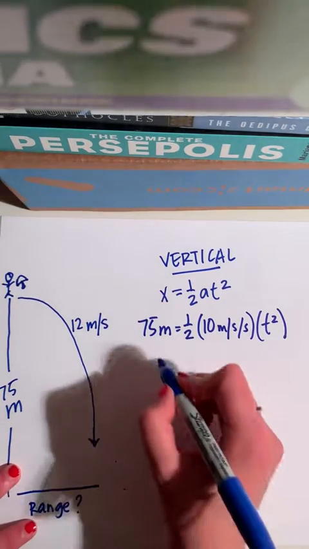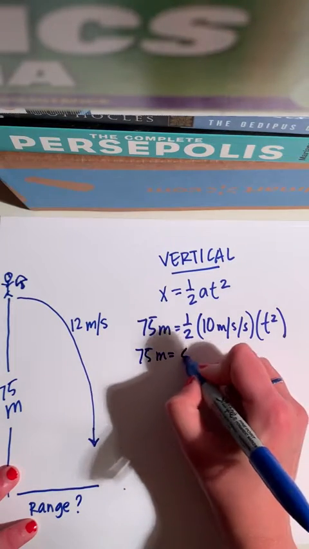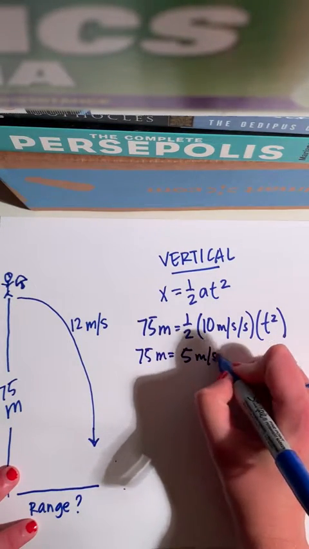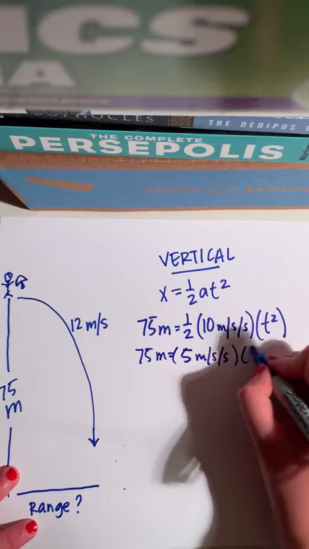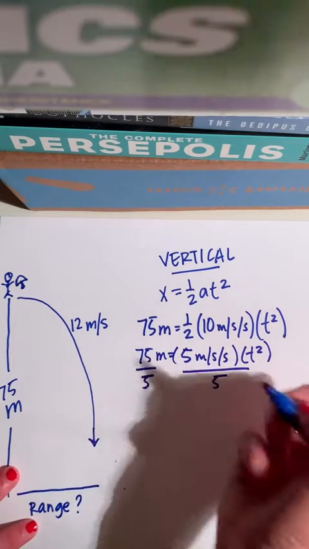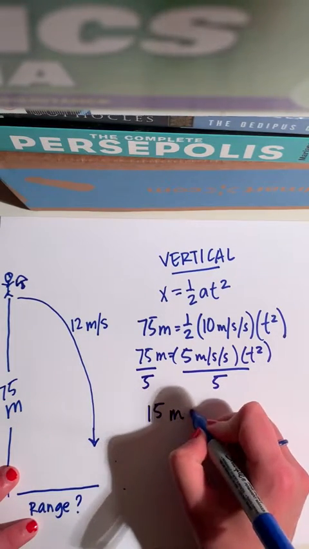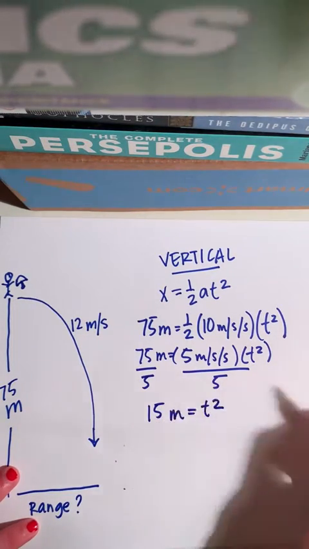So we solve that: 75 meters equals 5 meters per second squared times T squared, divide by 5. 75 divided by 5 is 15 meters equals T squared.